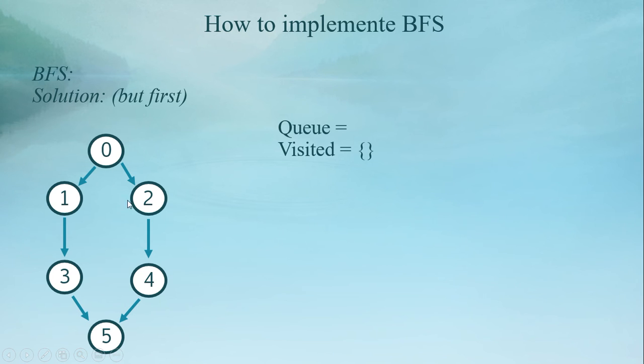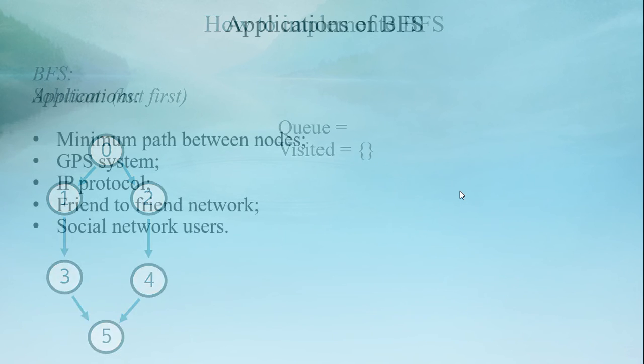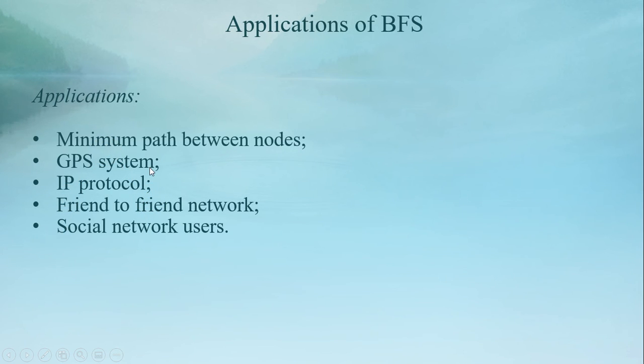So 0, 1, 2, or 0, 2, 1, but actually 1 and 2 are the same distance from 0. 0 to 3 is bigger than 0 to 1, we're talking about the distance. So it's quite, and yeah, GPS system.